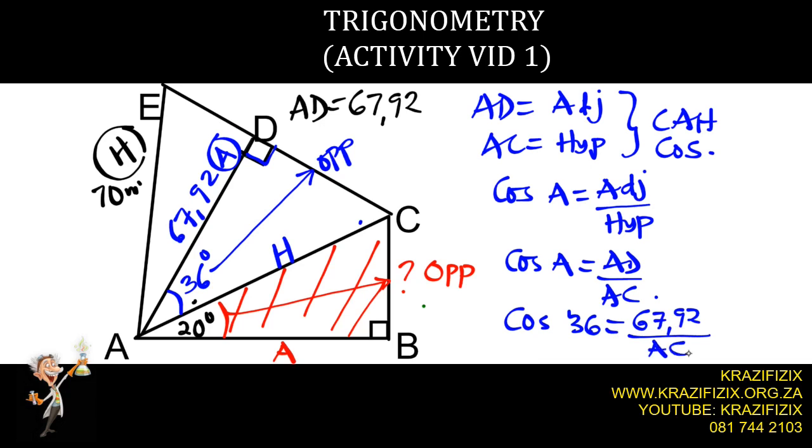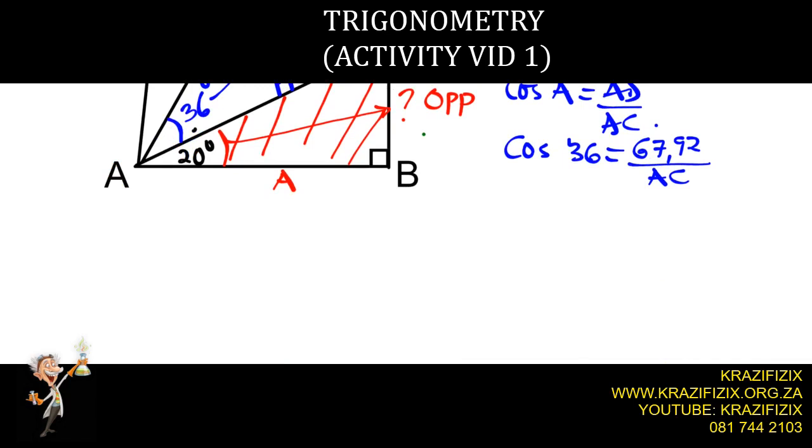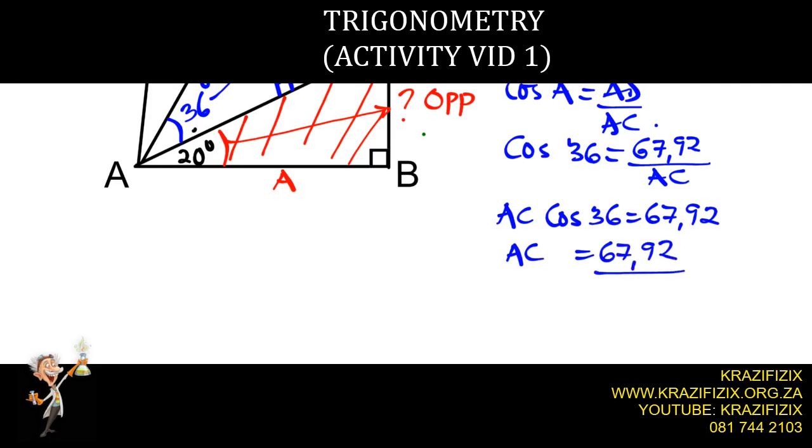And I have my AC. Alright, mathematics, what do we do? Cross multiply. AC cos 36 equals 67.92. What is AC therefore? 67.92 over cos 36.